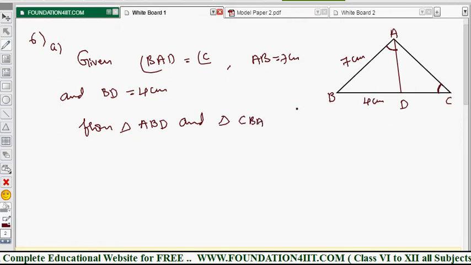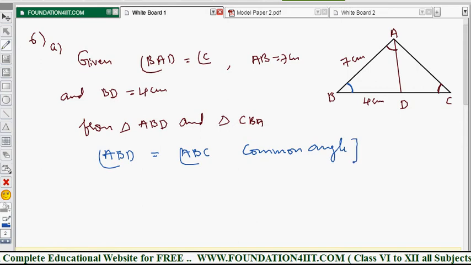If you observe, one is a common angle. In both triangles, the common angle is here, the green blue color. That means angle ABD is equal to angle ABC in both triangles. So this is the common angle.